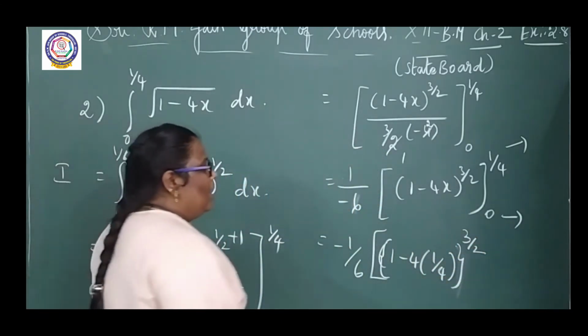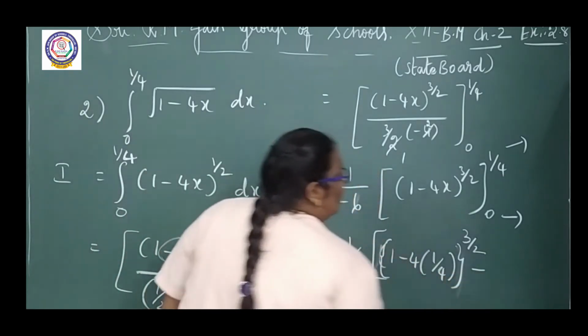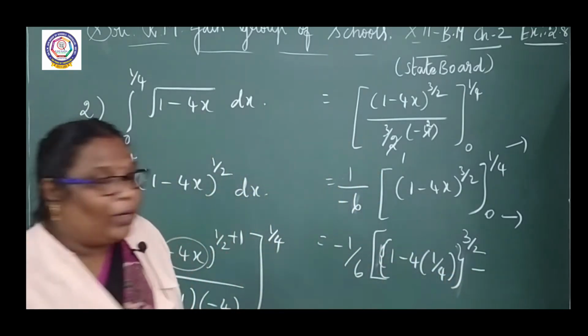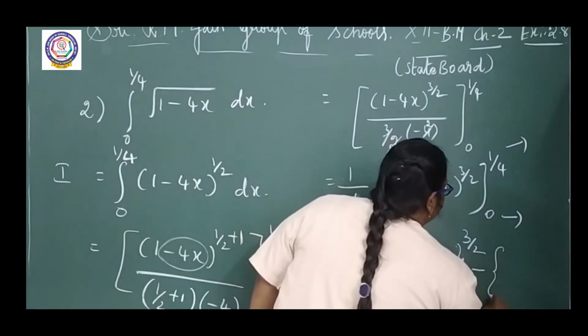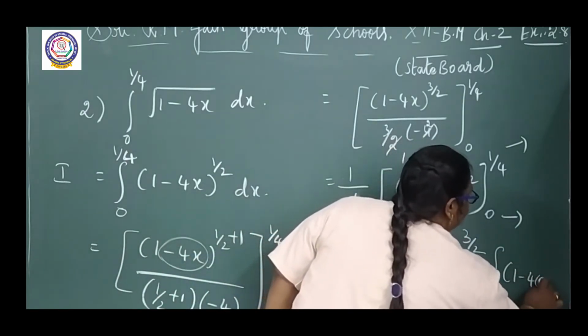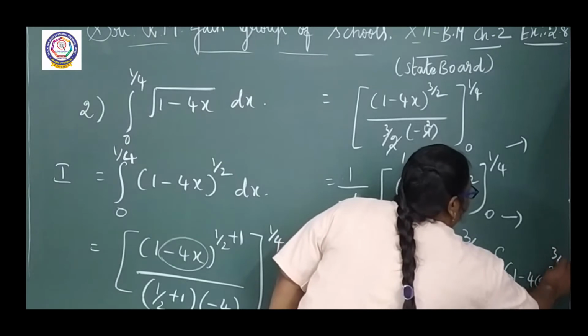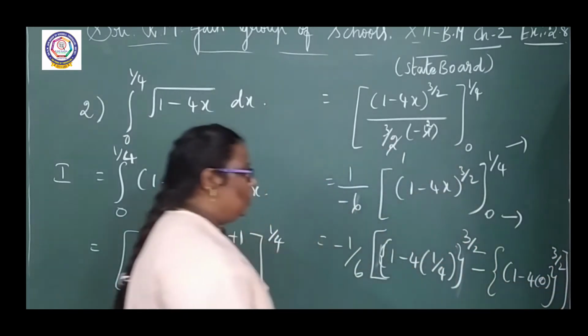Upper limit minus lower limit. What is the lower limit? The lower limit is 0: 1 minus 4 into 0, whole power 3 by 2.